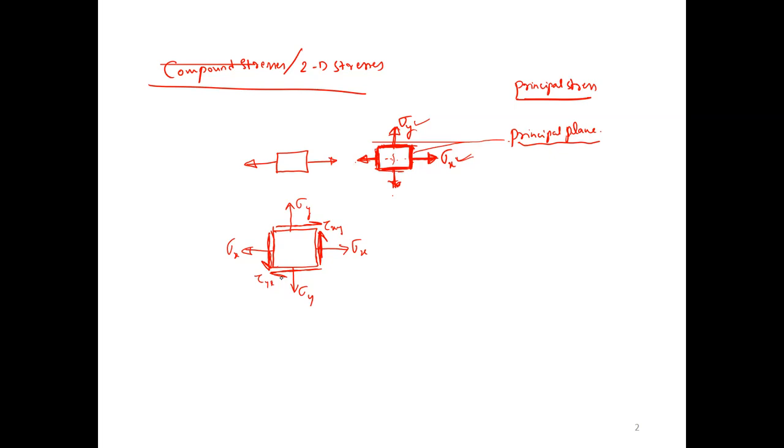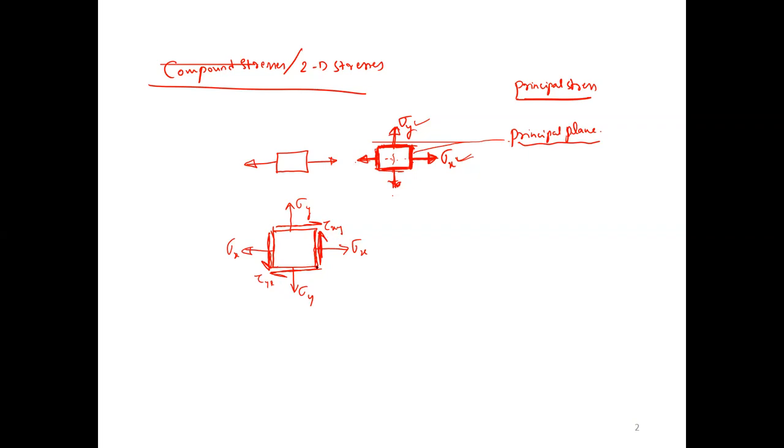Now see, for this case, is this plane a principal plane or not? Are you getting my question? For sigma x, which is the principal plane now? Don't be confused. For this case, whatever I have written is a pure normal force acting face.